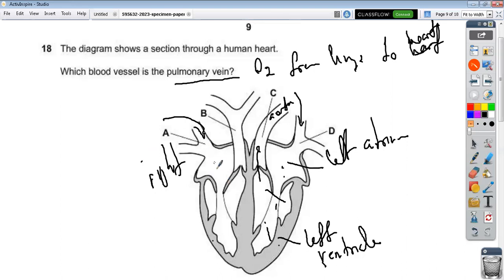This contracts, this opens, blood is pushed to the right ventricle. Then this closes, this opens, this contracts, and blood is pushed to the pulmonary artery. Clear now? Not difficult.